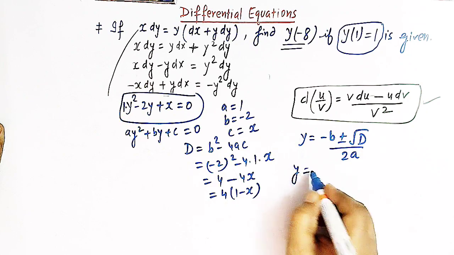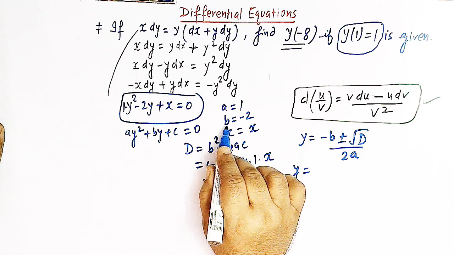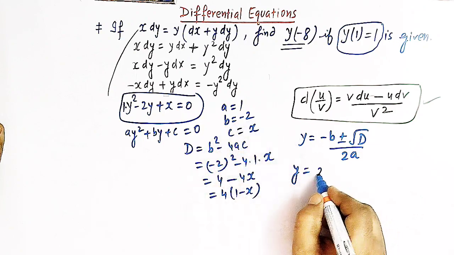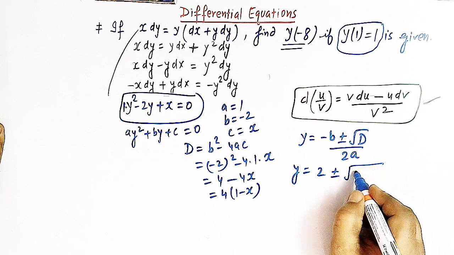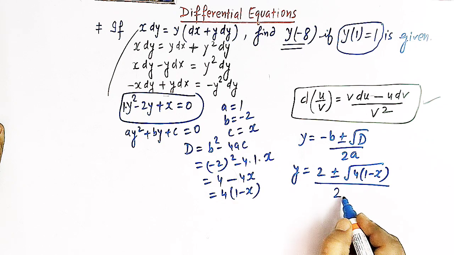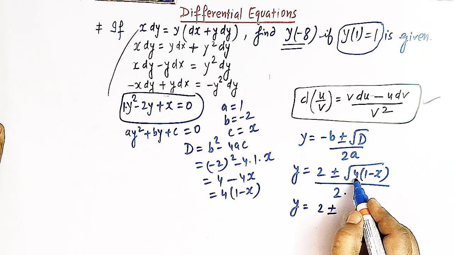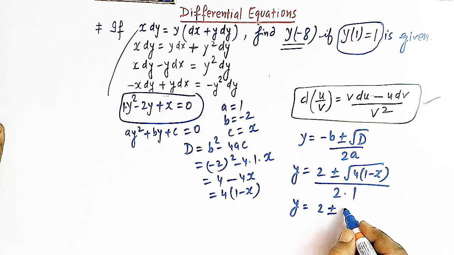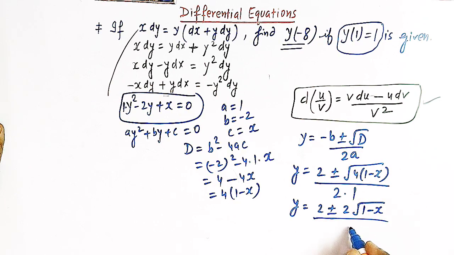So now substituting the values, minus b is 2. So this is 2 plus minus square root of 4 times (1 minus x), over 2 times 1. So y is equal to 2 plus minus, the square root of 4 is 2, so we have 2 times square root of 1 minus x over 2.